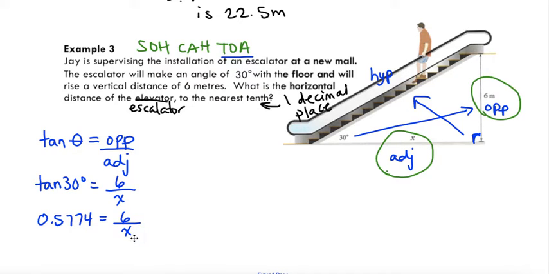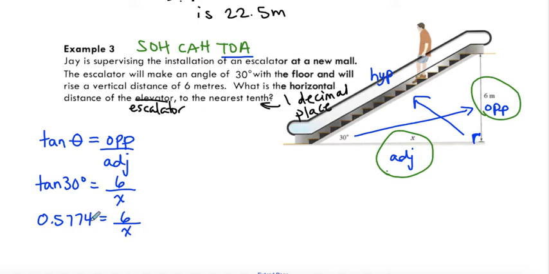And we've gone over this in some of our previous lessons, so we're going to use those same strategies. So what I want to do is get rid of this x in the bottom, and I can do that a couple of different ways. I can either multiply both sides by x, or I could put this over 1 and do cross multiplication. So it doesn't truly matter which method you use.